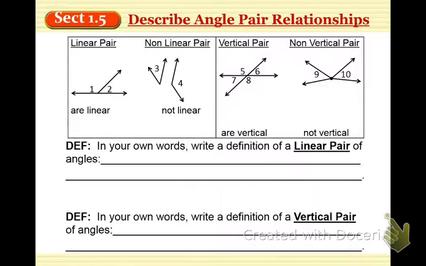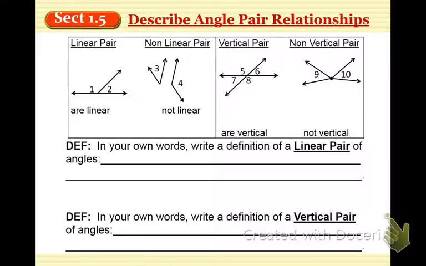They've got a picture of a linear pair of angles and a nonlinear pair of angles. Looking at this picture, in your own words, how would you define a linear pair of angles? Yes.